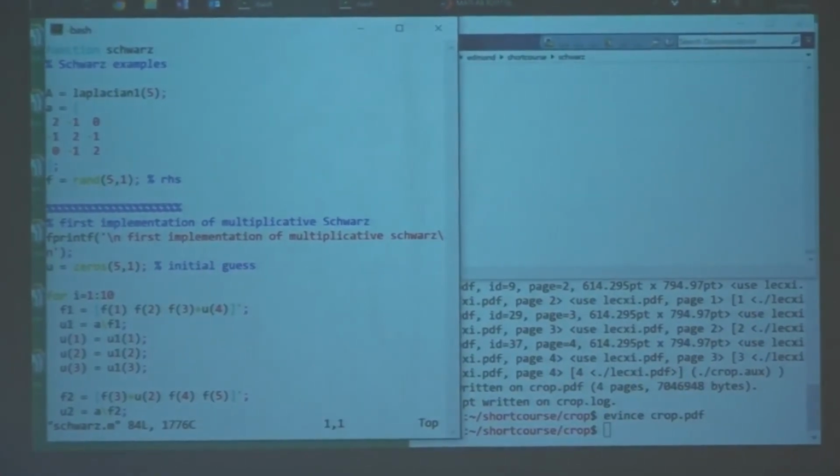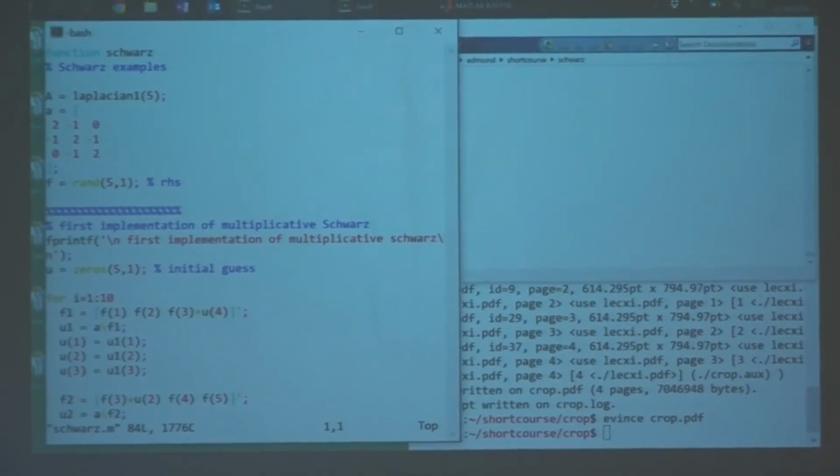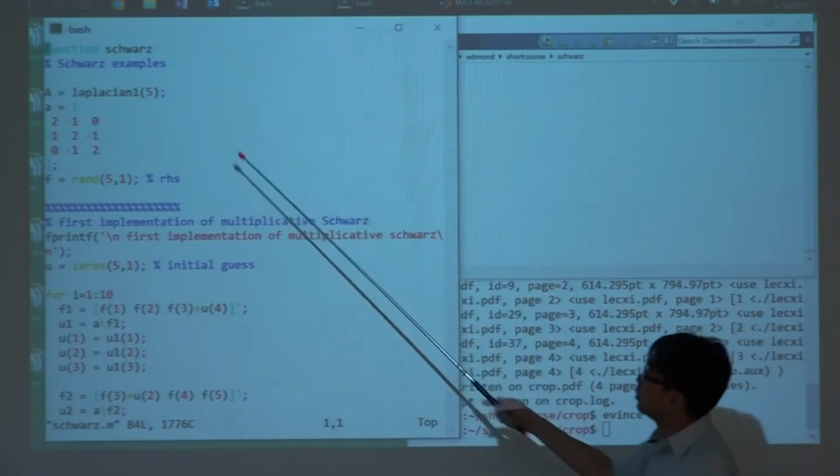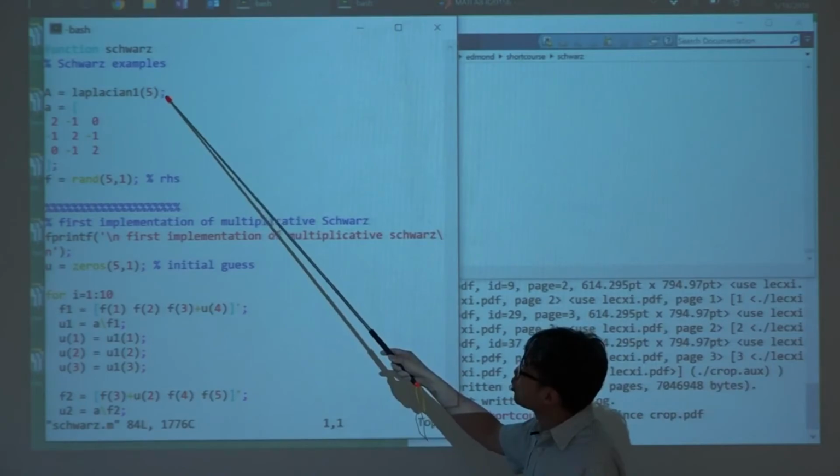It's called Schwartz.m, and it contains a number of examples, I think 4 examples, for the very simple 1D problem with 5 variables. So I'm going to generate this Laplacian with 5 variables, a one-dimensional Laplacian.